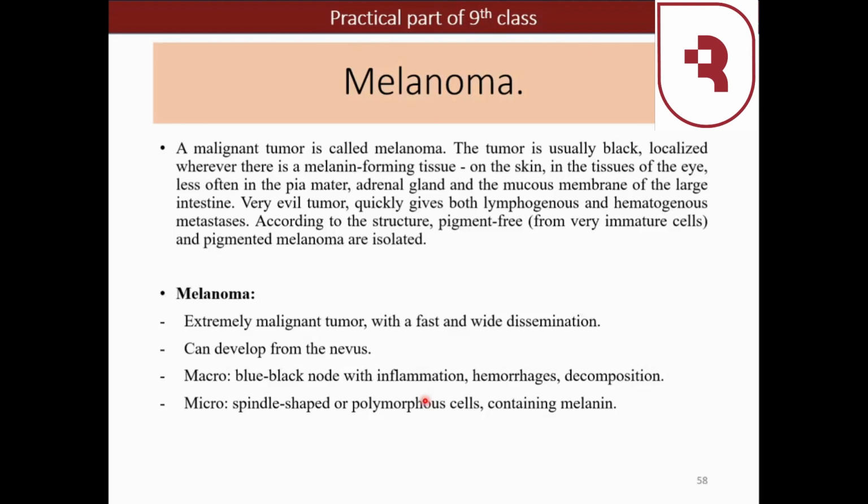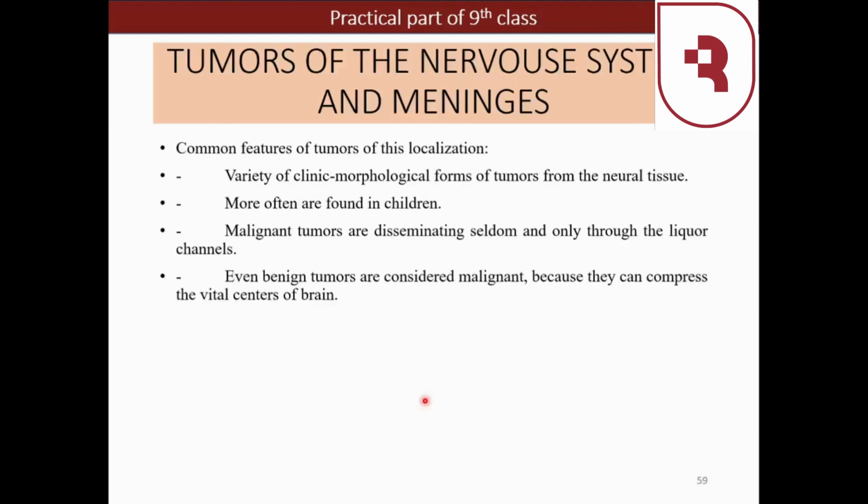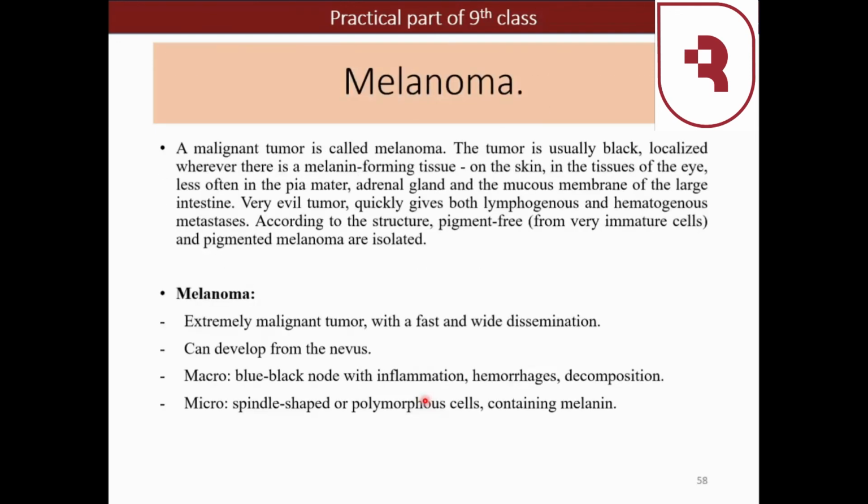Melanoma is a malignant tumor from the melanin-synthesizing tissues. The tumor is usually black, localized where there are melanin-forming tissues: on the skin, the tissues of the eye, sometimes in the brain and adrenal glands.